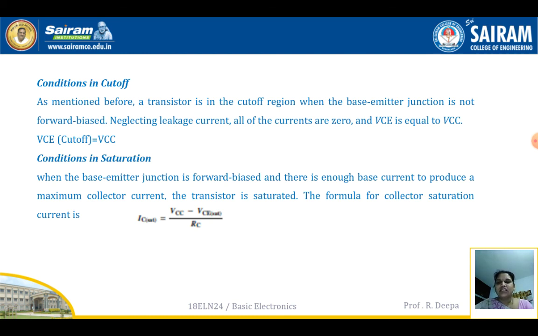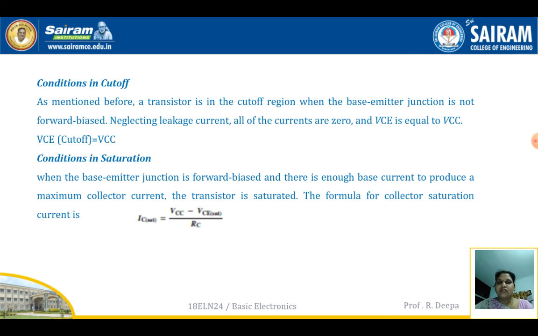And what are the conditions for the transistor to operate in saturation region? We need to forward bias the base emitter junction. This base emitter junction should be such that there is enough base current to produce a maximum collector current, provided the transistor is in saturation region.